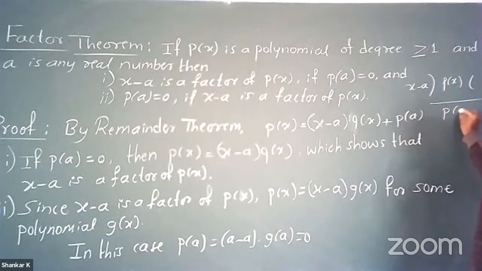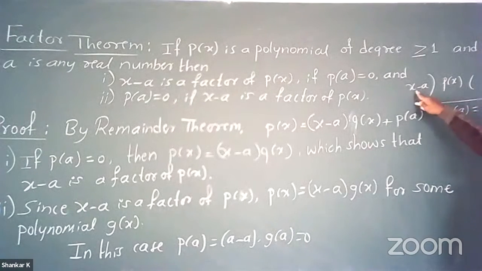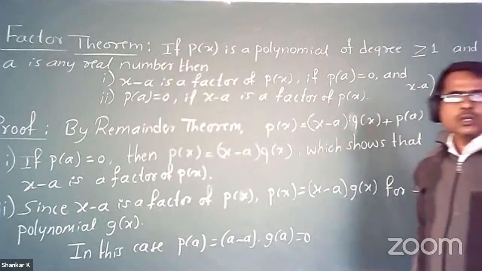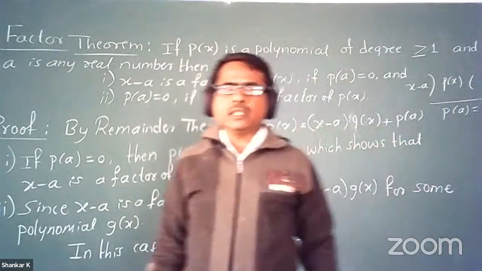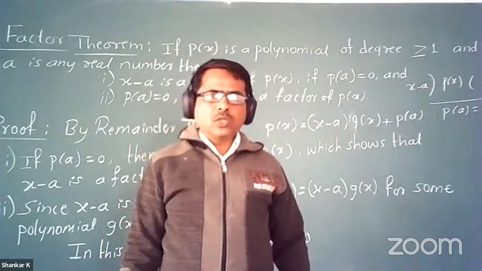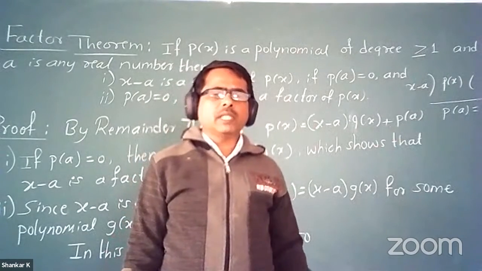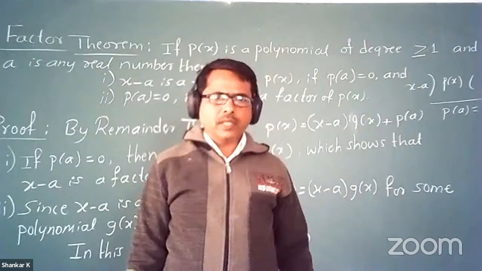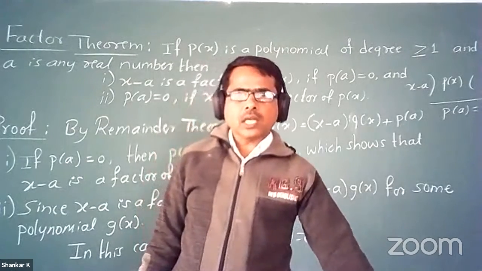If you calculate P of a and it becomes 0, then x minus a is a factor of P of x. That is the first statement. The second statement: if x minus a is a factor, then P of a is 0. This is the statement.